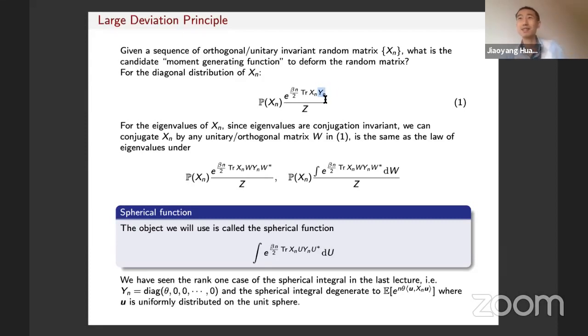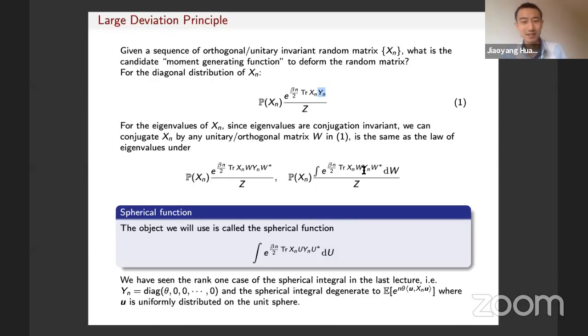You can think of this matrix Yn as some parameter we will choose later to tilt the measure of Xn. Okay. And in the second displayed equation, you're defining two different versions of tilted measures? Oh, the second one, yeah, we will use the second one to tilt the measure of Xn when we want to study the eigenvalues of Xn.